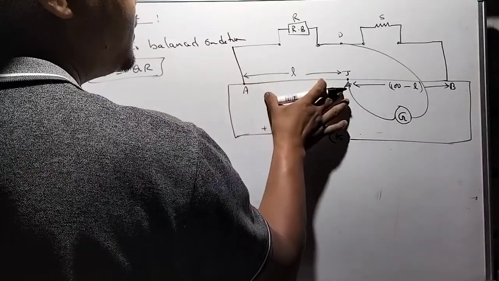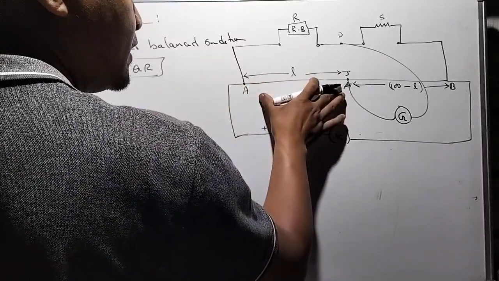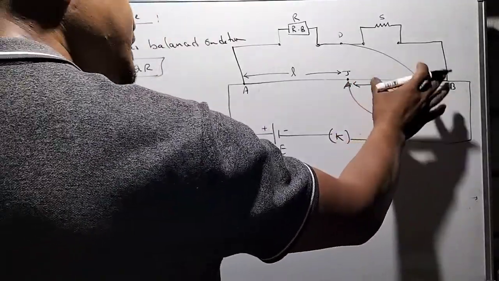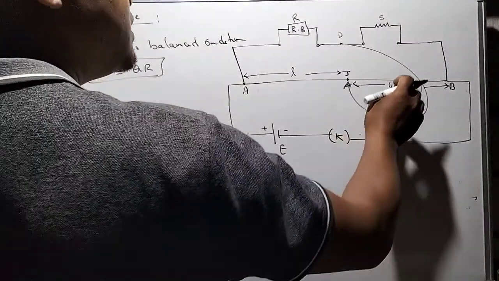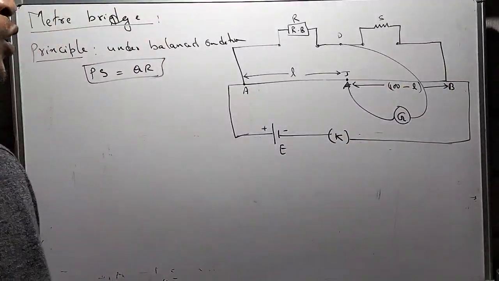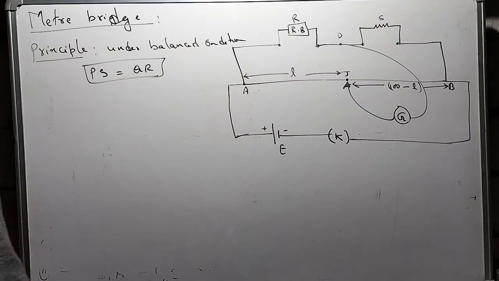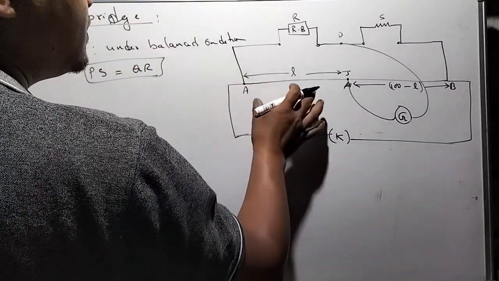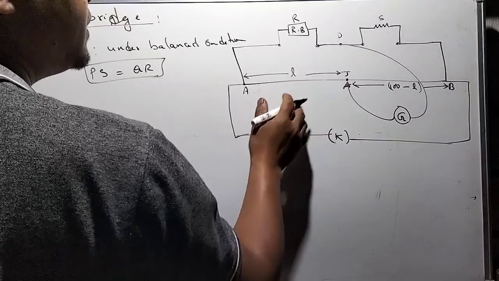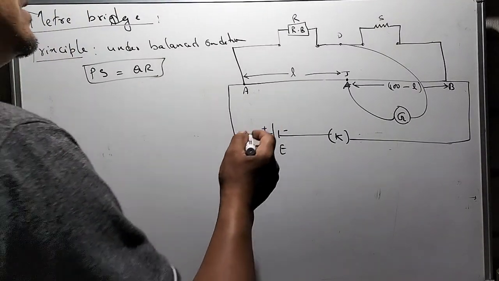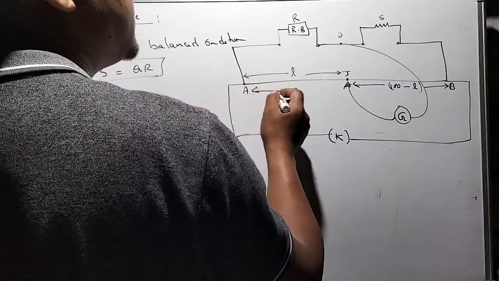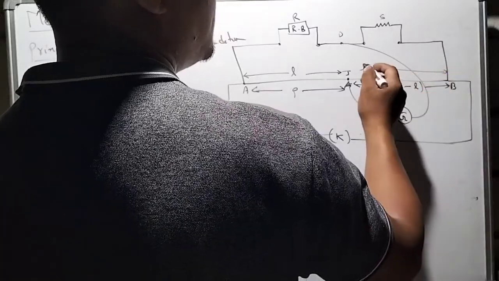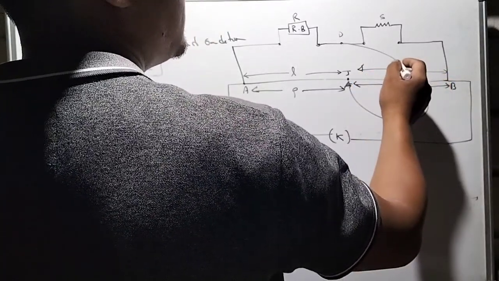Suppose this length AJ is L. So the remaining length JB will be 100 centimeter minus L. In terms of centimeter, we take 100 minus L. Also, I will imagine that this part of the wire AJ has a resistance P. And the part of the wire JB, let's say it has a resistance Q.